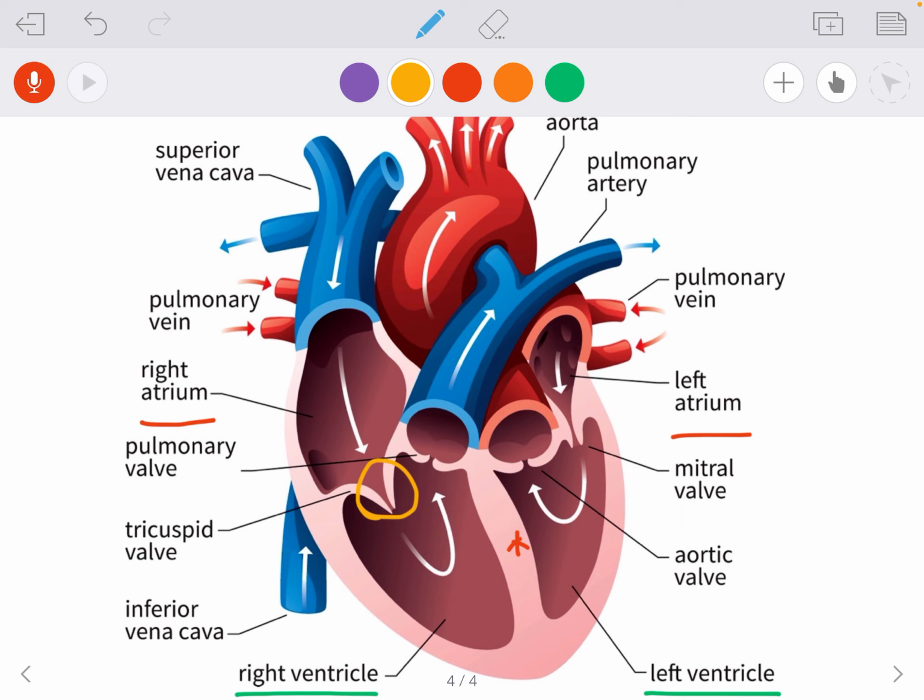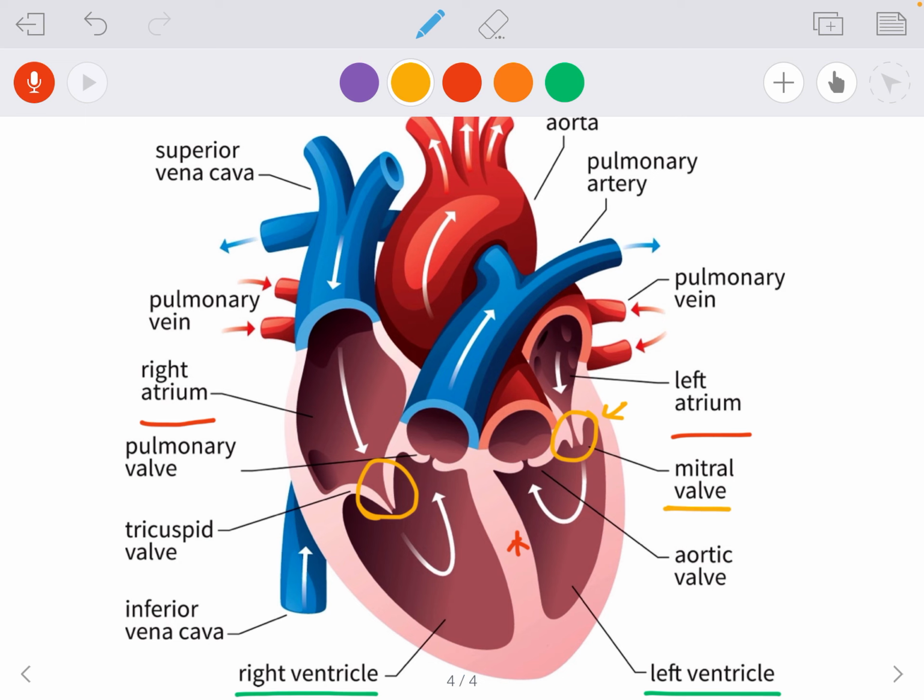These two valves are known as atrioventricular valves. This is a general name. But they have other names used. For example, the left atrioventricular valve, the one that I am pointing now, is also known as mitral valve.